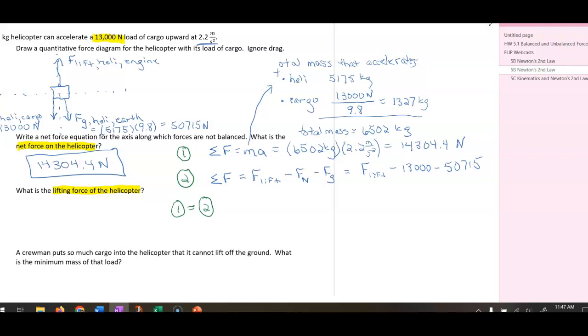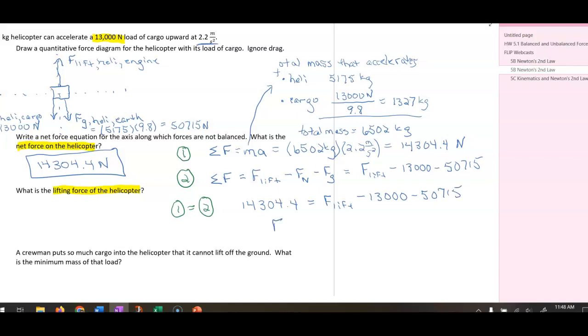Now I set these things equal, okay? My first equation I solved, and it's just 14,304.4. That's the net force, and that equals the lifting force minus 13,000 minus 50,715.